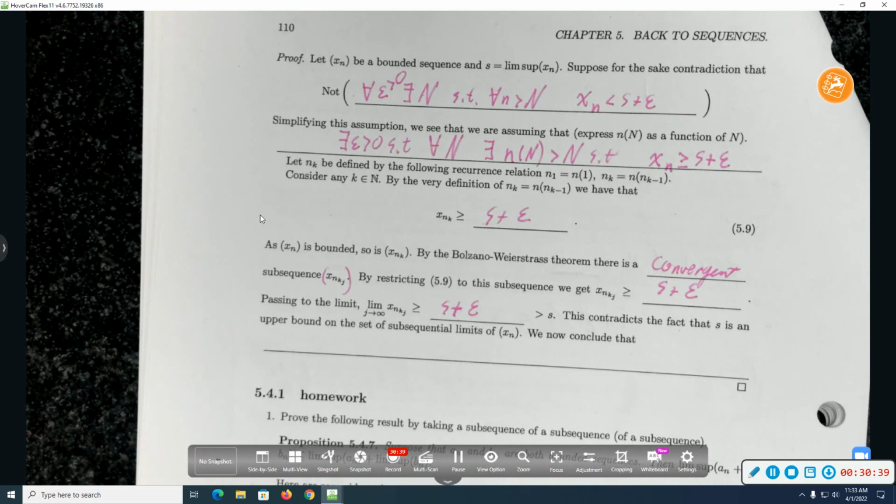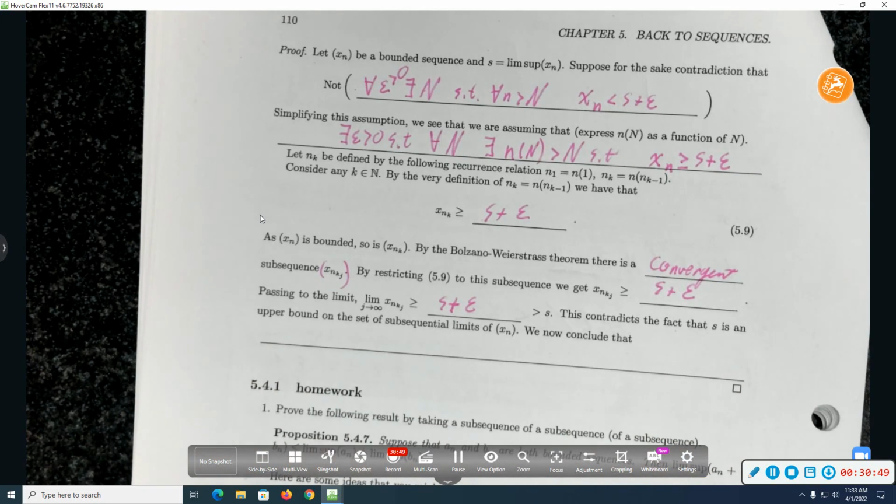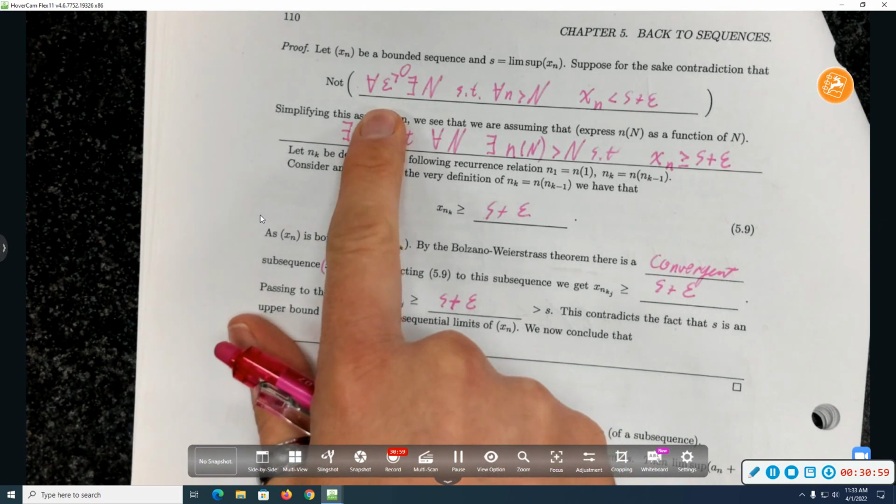Hey, look, I just found a subsequential limit much bigger than it. There's the contradiction. This contradicts the fact that s is an upper bound on the set of subsequential limits of x_n. So I get to conclude that the thing I assumed for the sake of contradiction must be false. So this not statement is false, so the thing on the inside must be true.